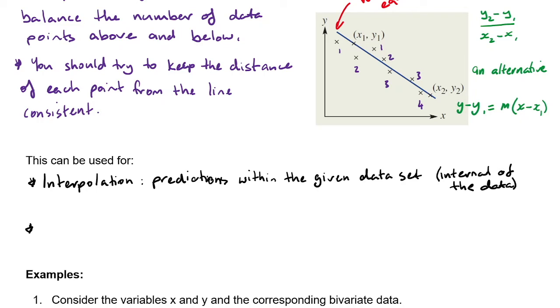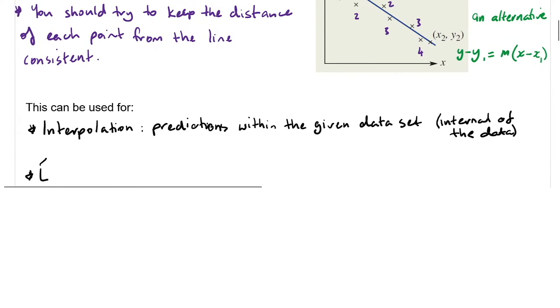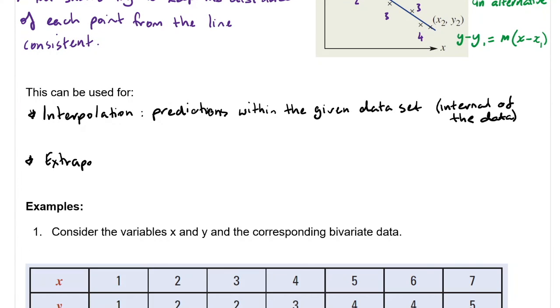The other thing we can do with it is it's called extrapolation. And this is where we're making predictions outside the given data set.